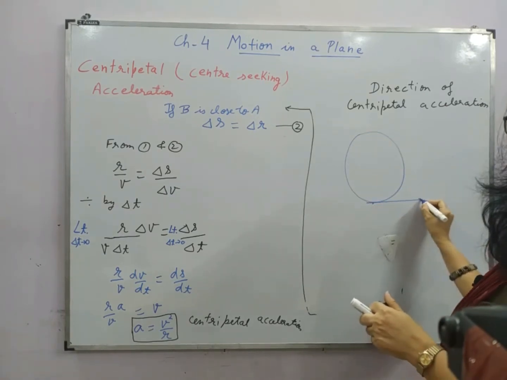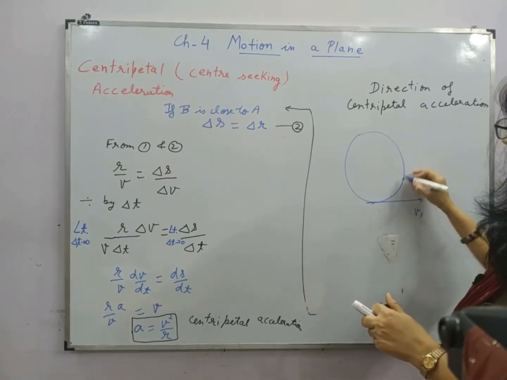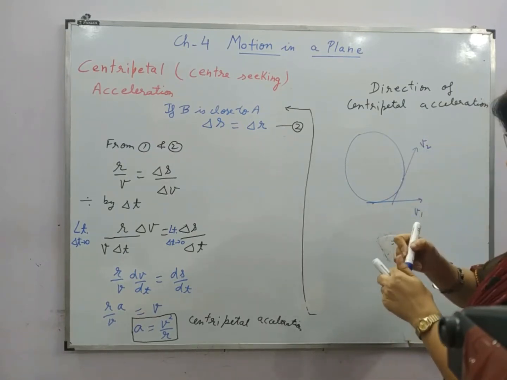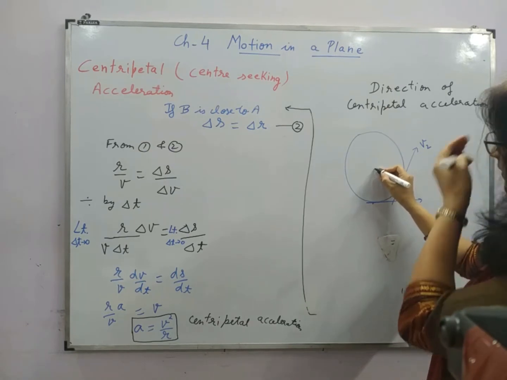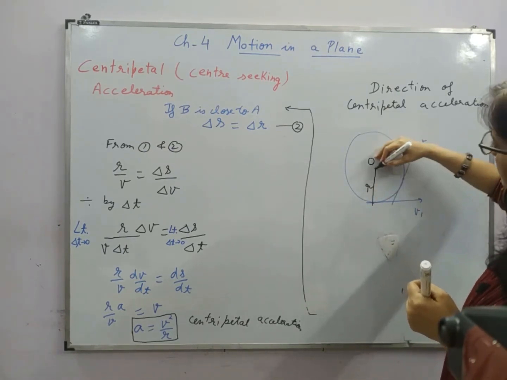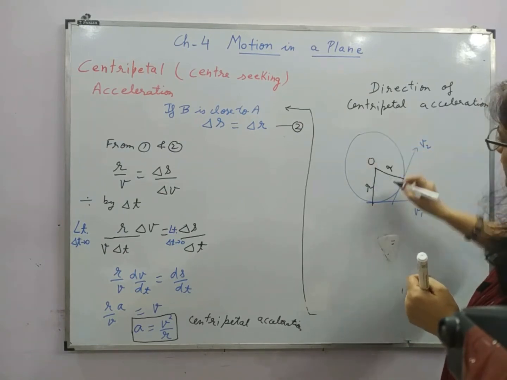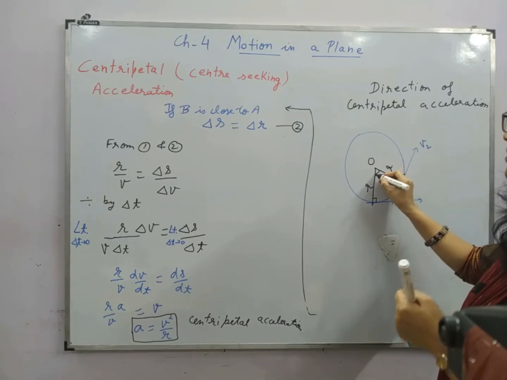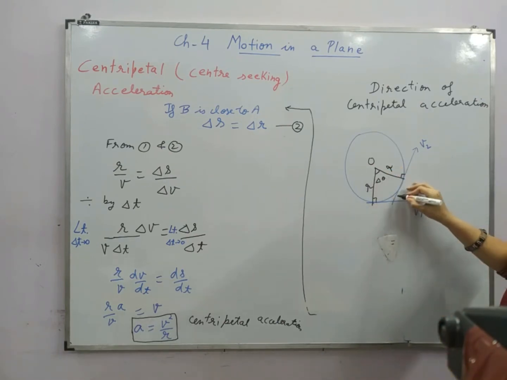At this point the velocity is v1, at this point the velocity is v2, this is the center. So here this is a radius, this is also radius, this is perpendicular, this is perpendicular, this was delta theta, and this is also delta theta.